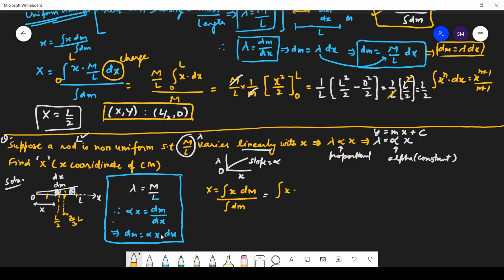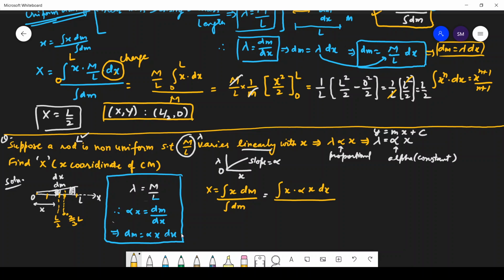So let us put the value of this dm over here. Earlier you were putting only this lambda into dx, but here this lambda is equal to alpha into x, so let us put it over here. So x into alpha x into dx divided by, simply putting that value of dm from here.